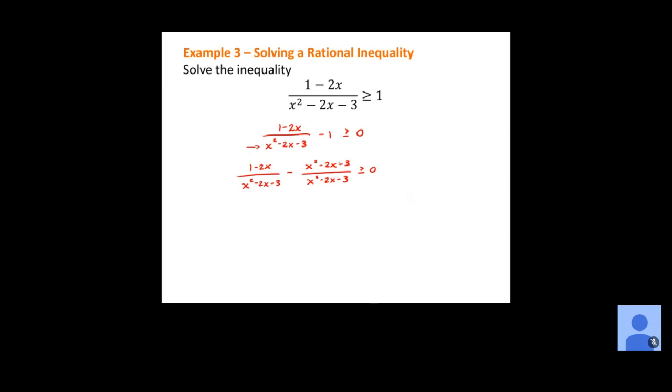We're subtracting everything in that numerator on the right here. The negative 2x minus negative 2x, that becomes a plus, so those cancel out. But then we have a 1 minus a negative 3. So what's 1 minus negative 3 going to be? It's actually going to become 4, and then we're subtracting the x squared. So it's actually going to be a minus x squared now. Any questions about how I got that in the numerator?